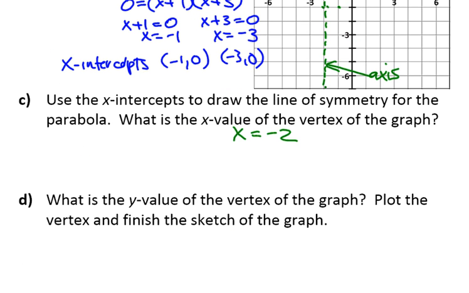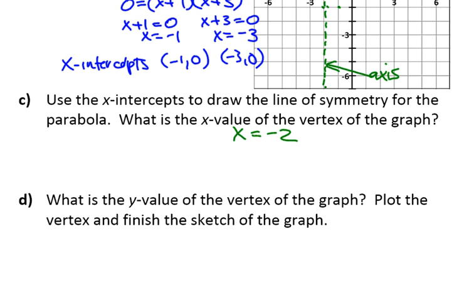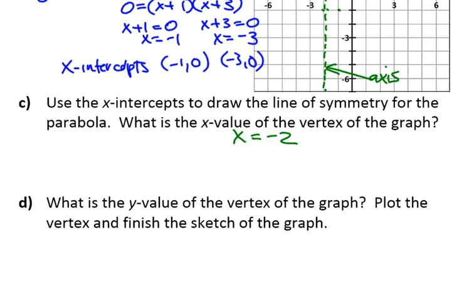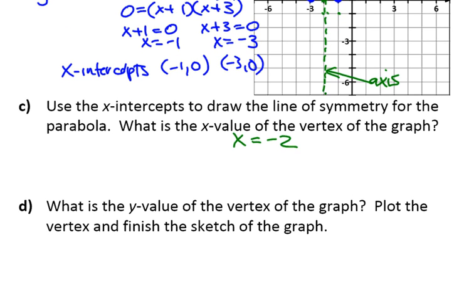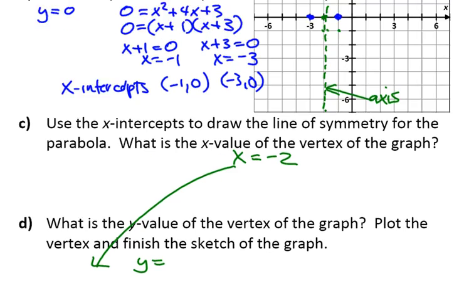And then finally, what is the y value of the vertex of the graph? And it says plot the vertex and finish the sketch of the graph. Well, to find the y value, since we know the x value is -2, we're going to bring that down and fill it in. Let's see what that original equation is. It's y equals x squared plus 4x plus 3.